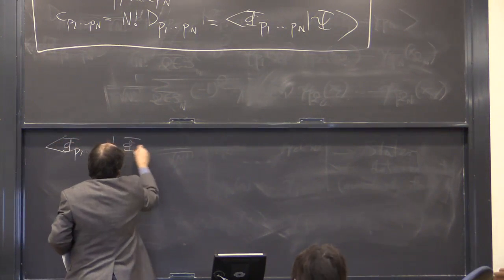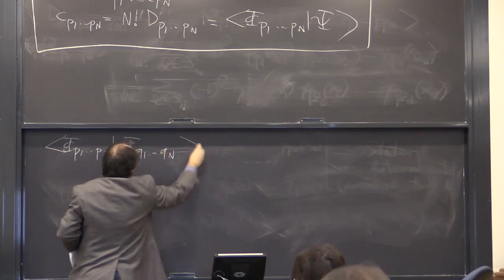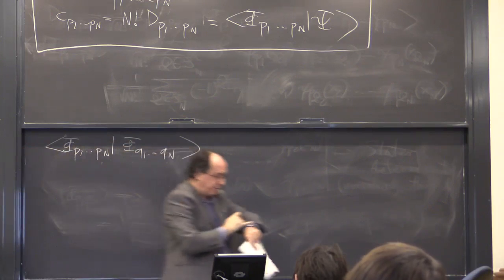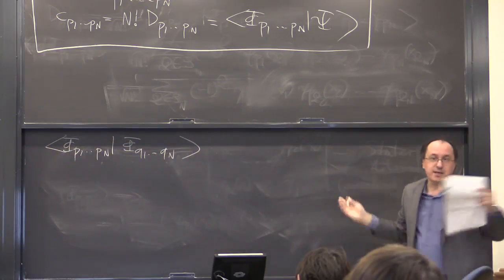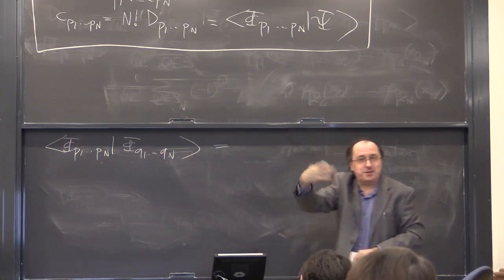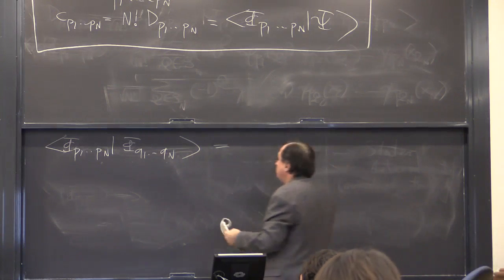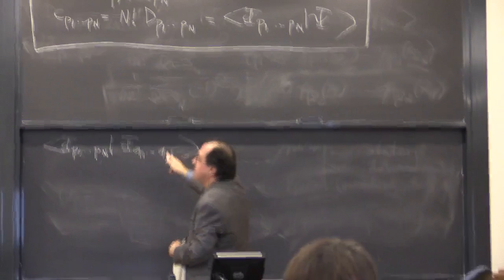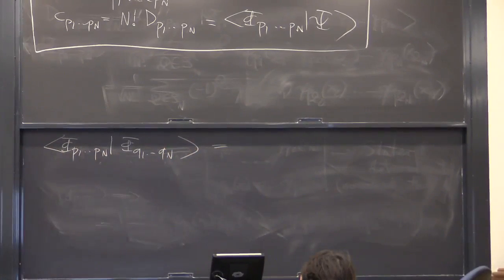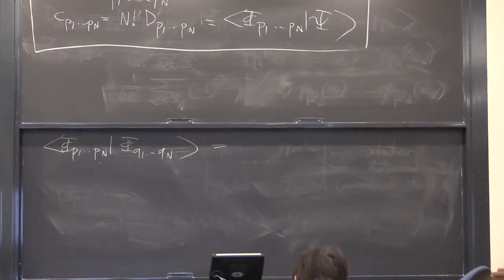So I will try to form an overlap of two Slater determinants. One has indices P1 through Pn, another one Q1 through Qn. Okay? Just like that. So, what you do next, you just use your definitions. So, you remember what phi was. Phi was the square root of n factorial times the anti-symmetrizer times the product, right?